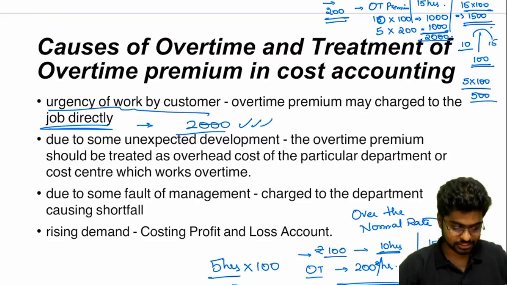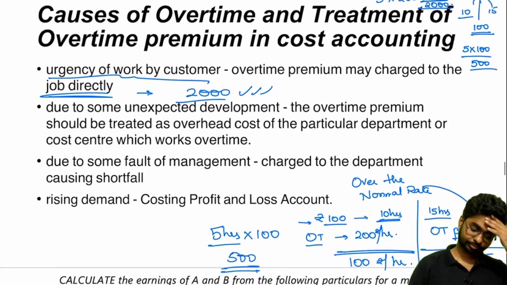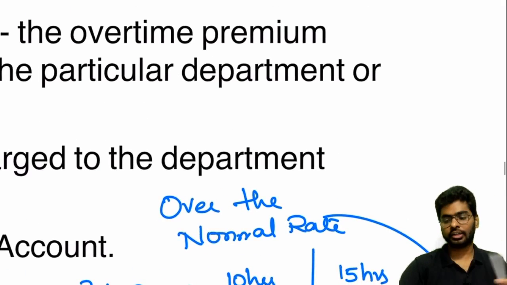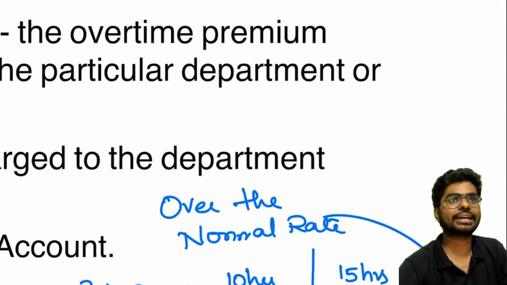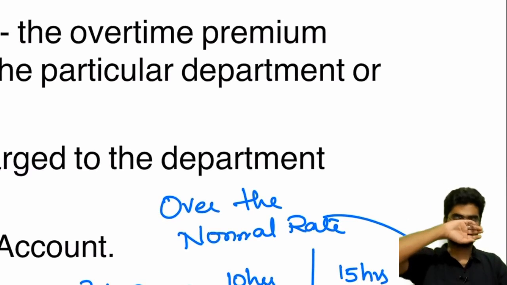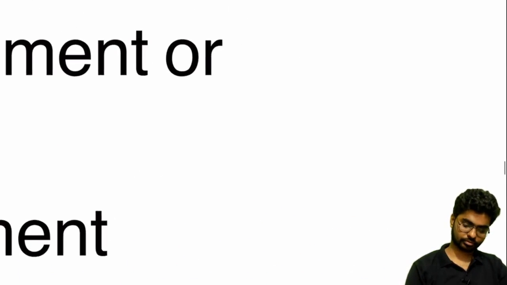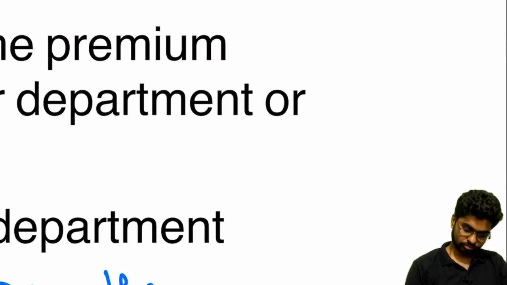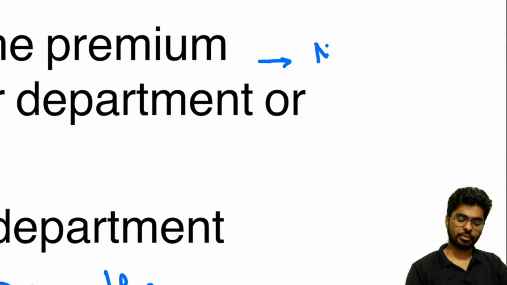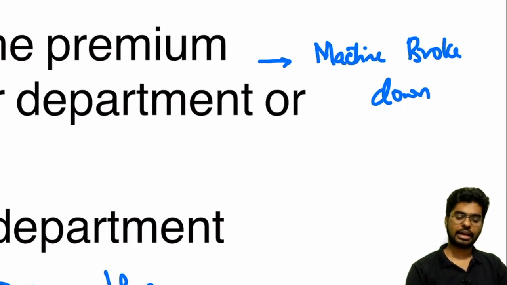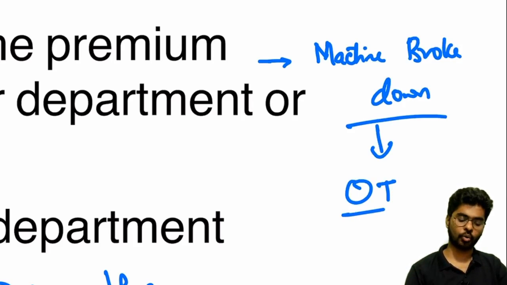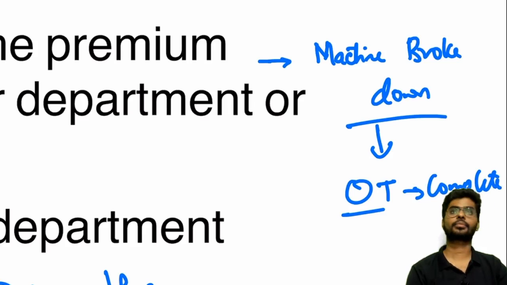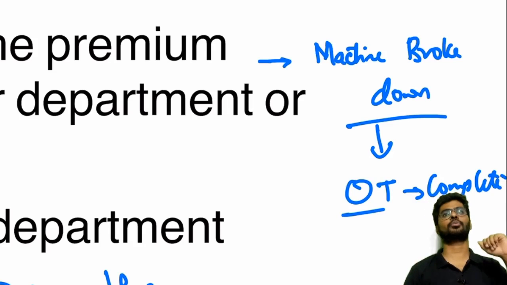Done. Now comes the second case. The machine broke down, and because of this the employee had to work overtime to complete the job. This is my second case. The machine broke down and there was a shortfall in production because the machine was not available.